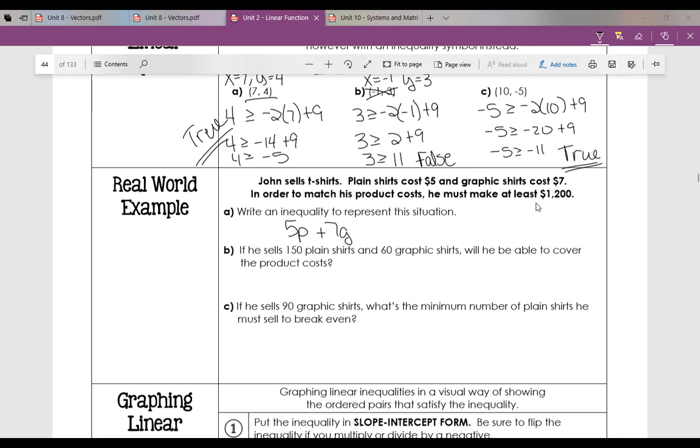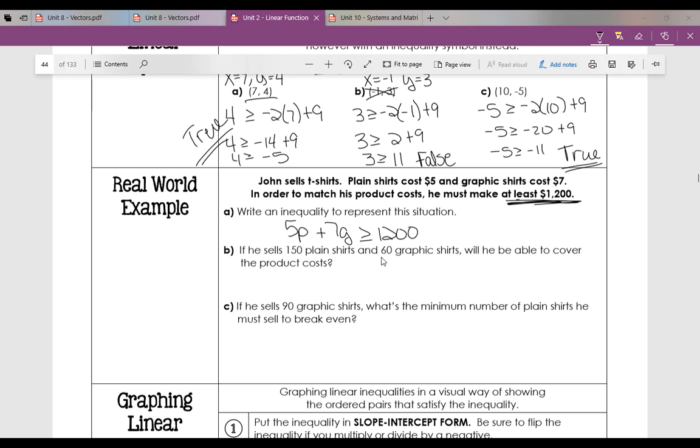Okay, at least is actually greater than or equal to, because at least means he can't make $1,000 and cover cost. He has to make at least that much or more. Do y'all agree?